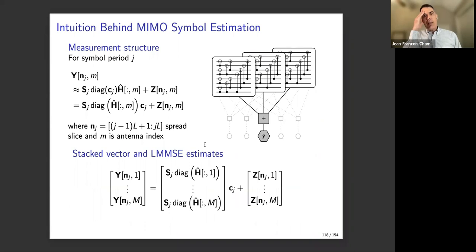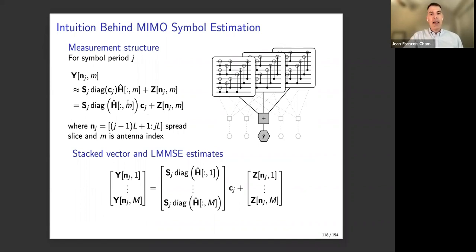Okay, so then we have to do the symbol estimation. And here the notation clearly gets somewhat hairy. It gets hairy because for every time symbol we receive matrices, because we have several antennas. So what we have to do is flatten these vectors and create a tall vector per symbol by flattening the antennas.